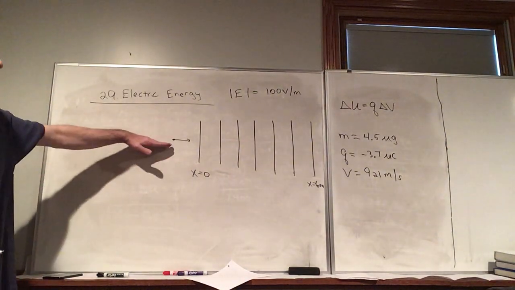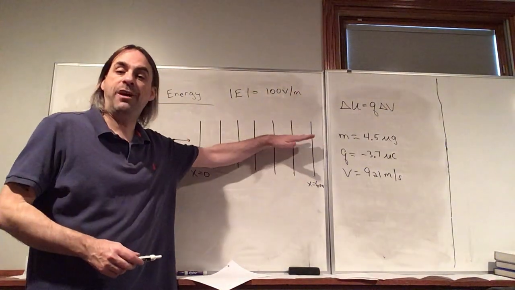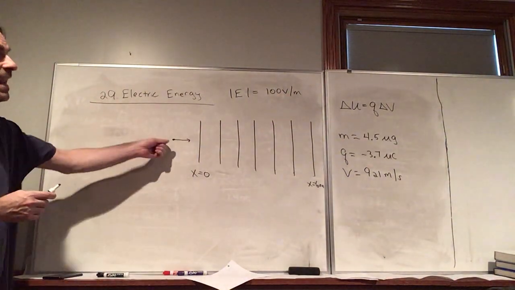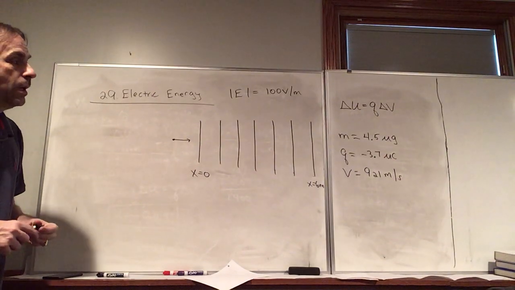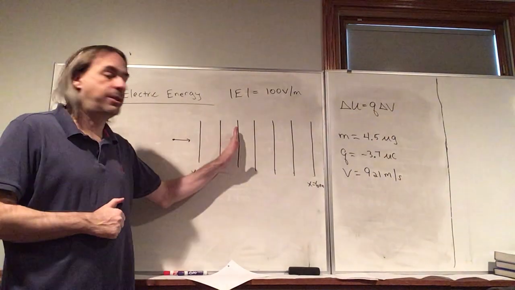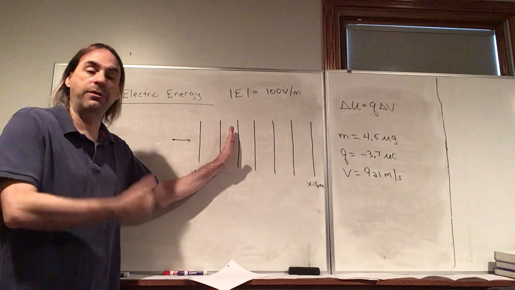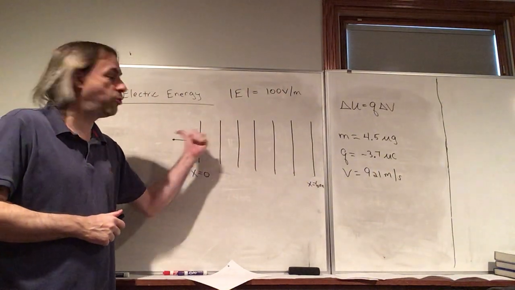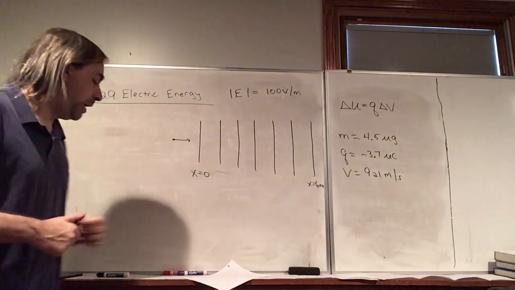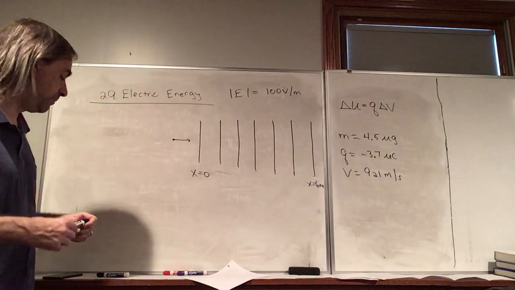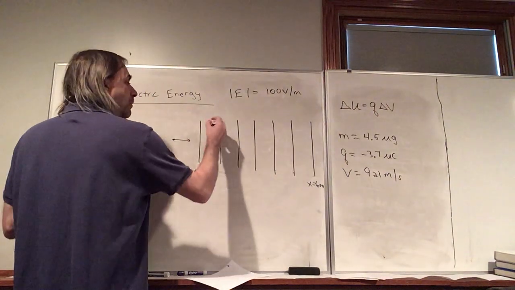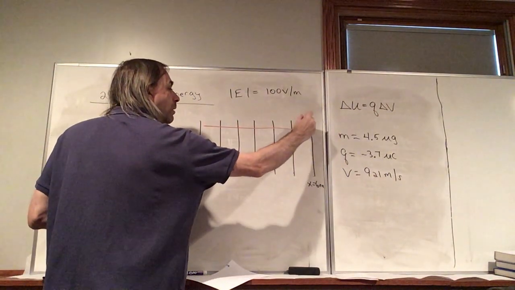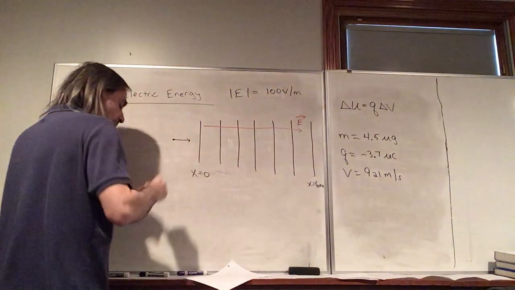So we're going to fire it into this region with an electric field, and eventually it's going to stop. What that means is, this is a negative charge. Once it enters this region with an electric field, there's going to be a force on the charge, and we want the force on the charge to be to the left. So the electric field is going to have to be to the right.